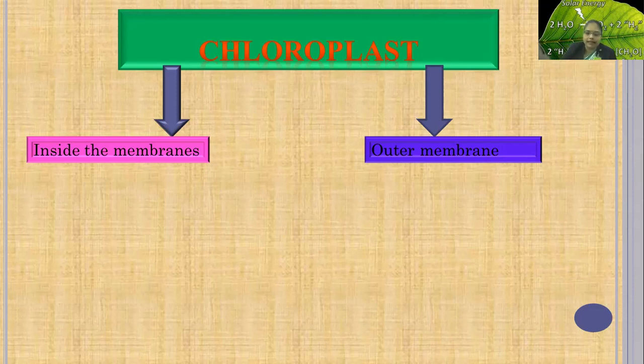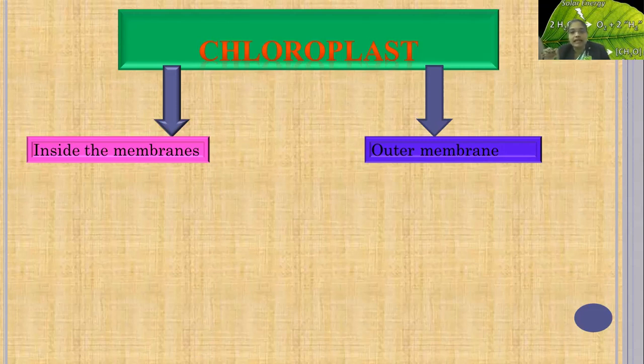It contains lipids, proteins, DNA, RNA, enzymes, and 70S ribosomes. So inside the membrane there is a dense matrix, made up of lipid, protein, DNA, RNA, enzymes, 70S ribosomes, etc.